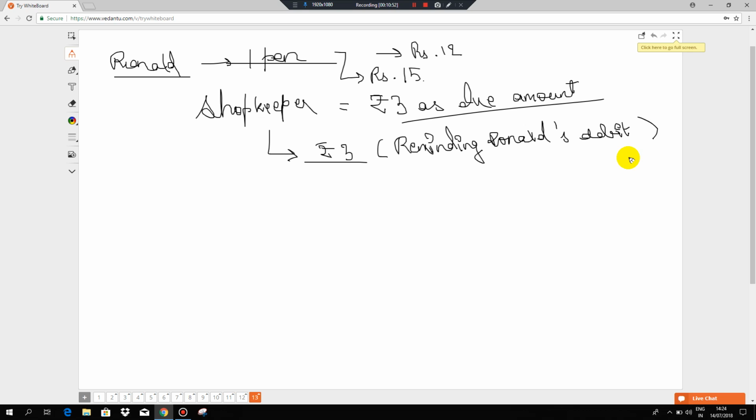But how would he remember whether rupees 3 has to be given or has to be taken from Ronald? How can he remember whether he should give or take?